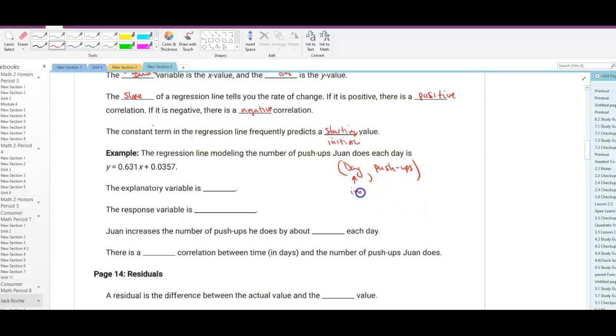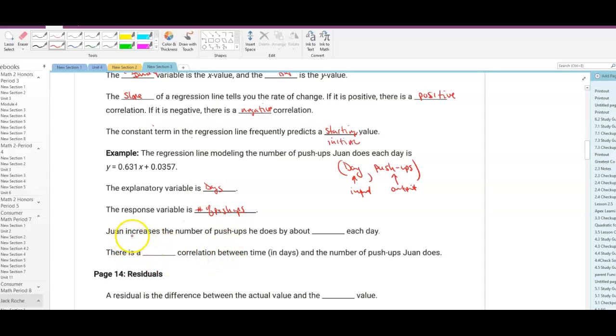So this is basically your input. This is your output. So the explanatory variable here, or the independent variable, is days. And the response variable here would be the number of push-ups.